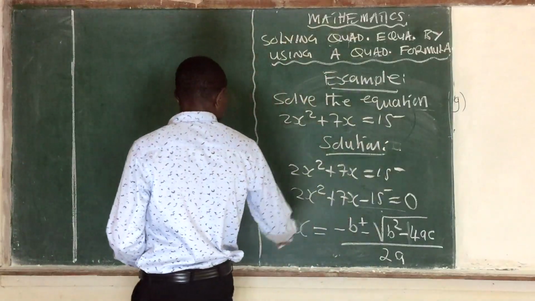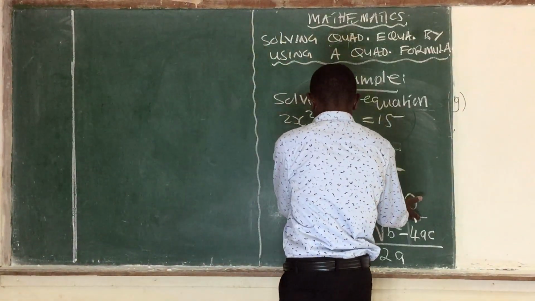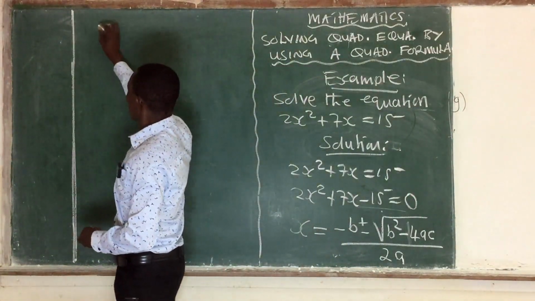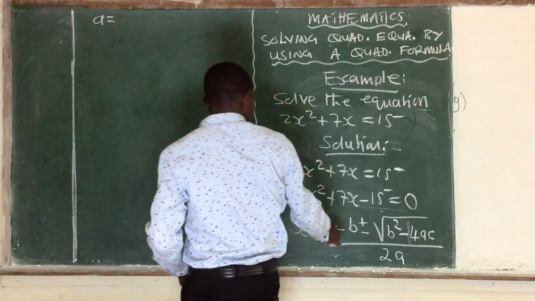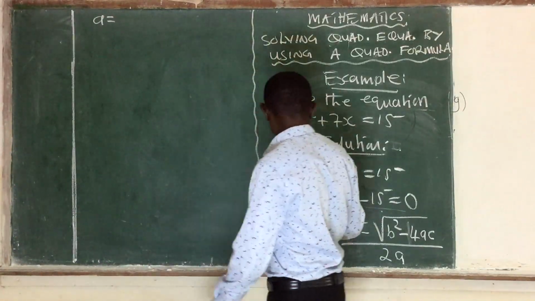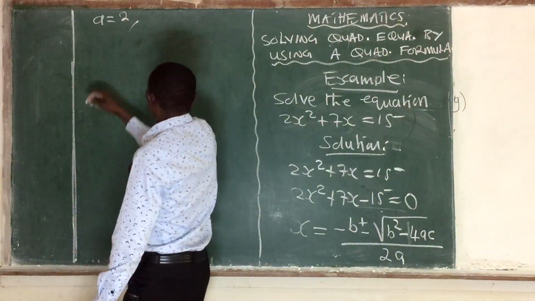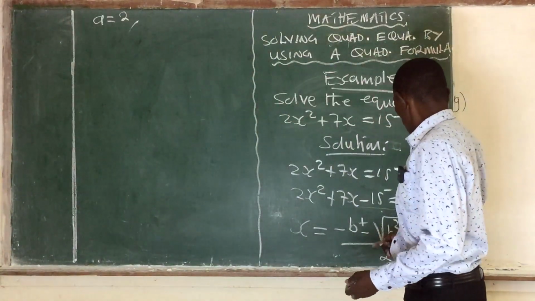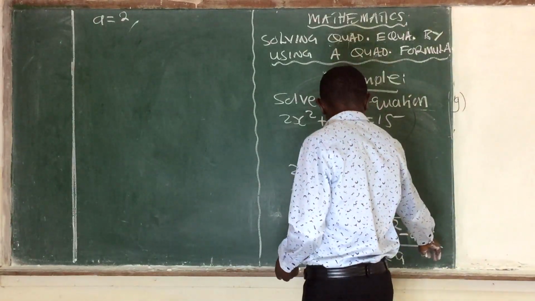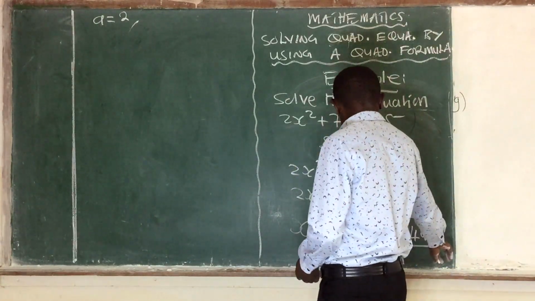We can deduce that the value of a in this equation is the coefficient of x squared, and in this case it is 2. After that, you also need to identify the constant c.